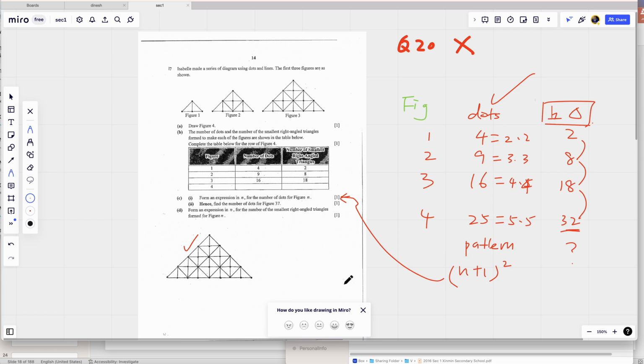Okay? Then part D, smallest. That means they want to find this pattern. What's this pattern? 2, 8, 18. How do you get 2n squared? 2 times 2 and then 4 squared.